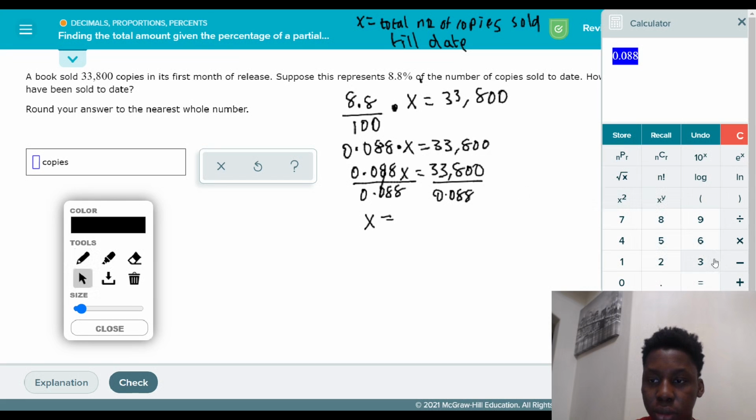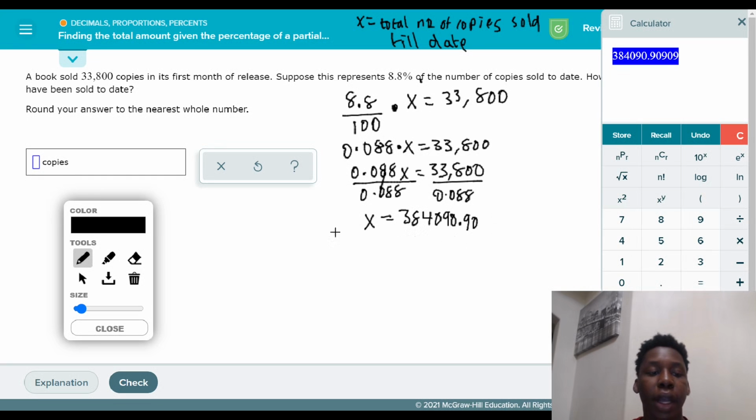33,800 divided by 0.088 is 384,090.90, and it doesn't really matter beyond that. We're asked to round our answer to the nearest whole number. A whole number means the numbers before the decimal point.